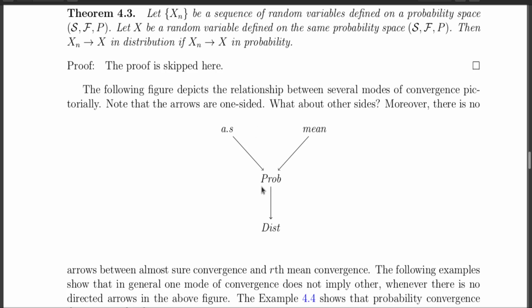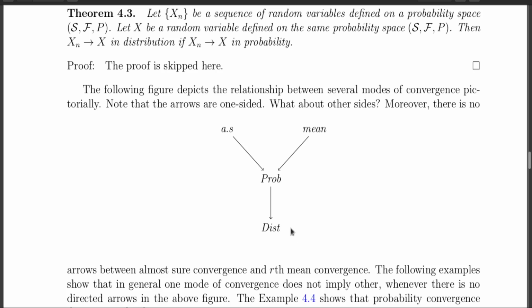First we assume that all the random variables, Xn and X, are defined on the same probability space, because I am talking about almost sure, mean and probability convergence, and these three modes need all the random variables to be defined on the same probability space.